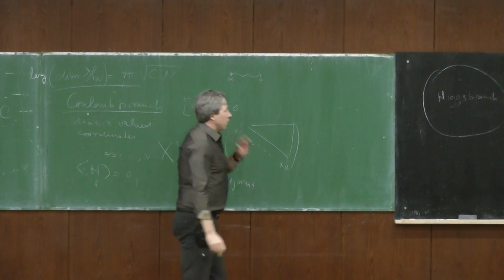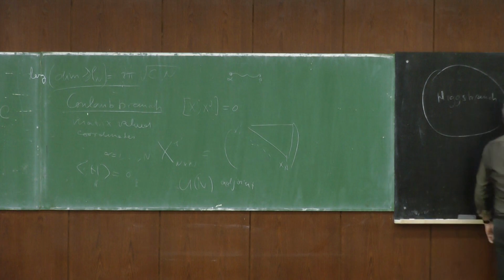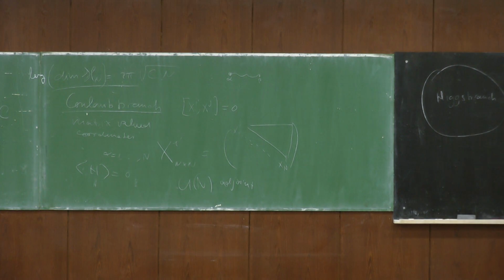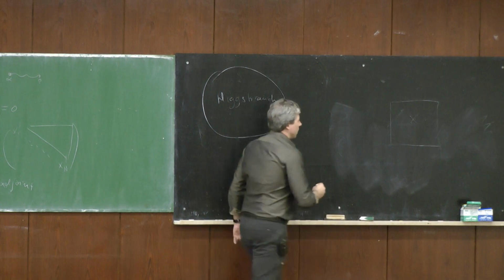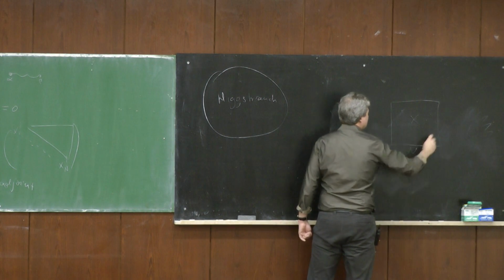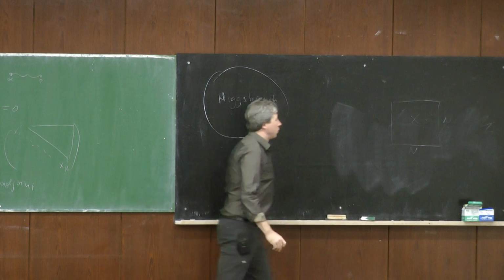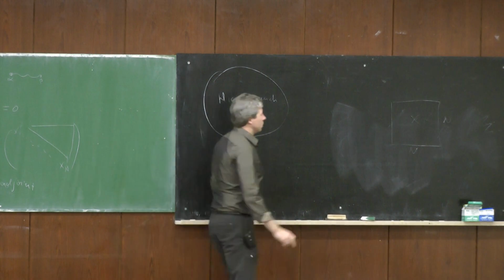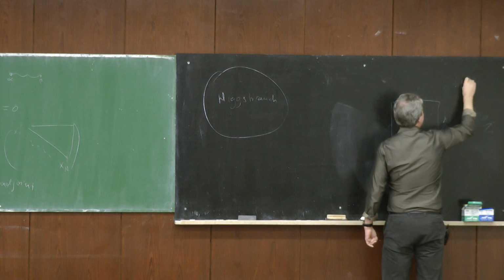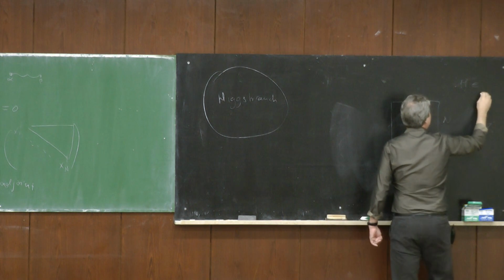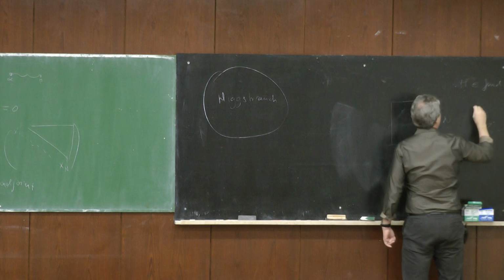So how do you think about the Higgs branch? I like to think about it in this picture. If I think about the matrix X as being N by N, the Higgs branch can be thought of as being a fundamental. So let me think about this as having fields which are in the fundamental of U(N).